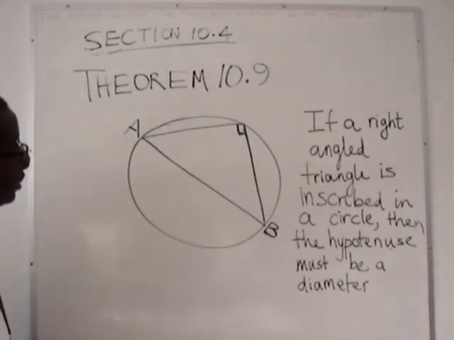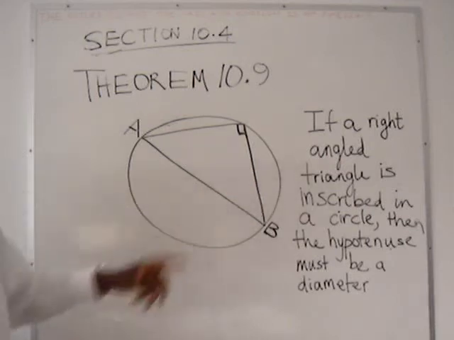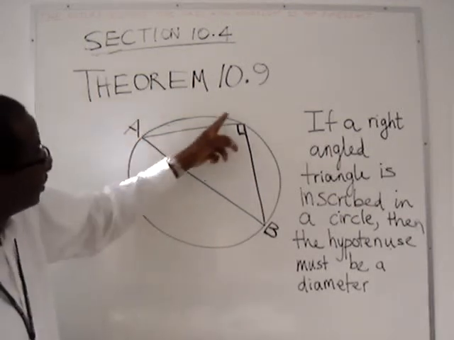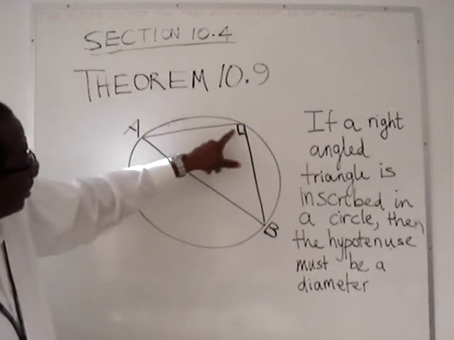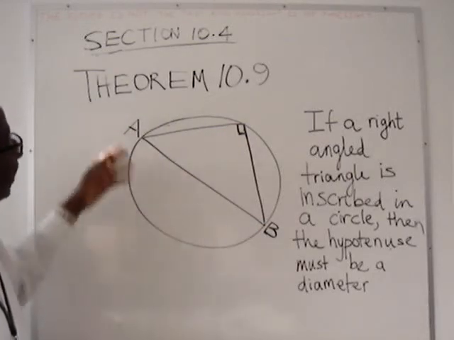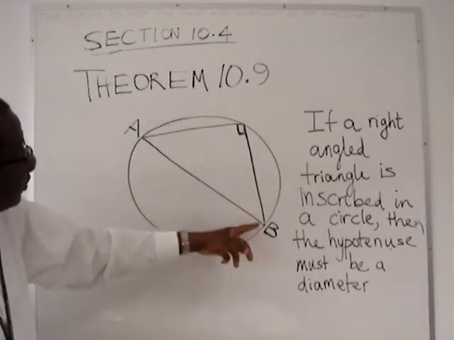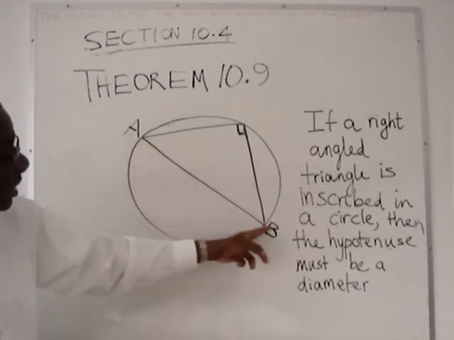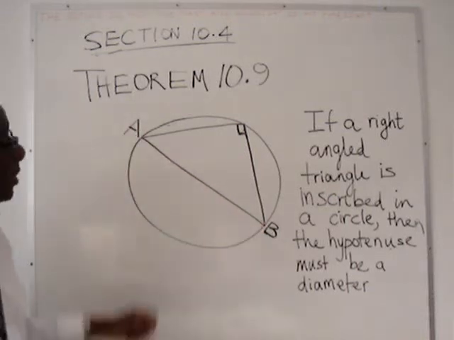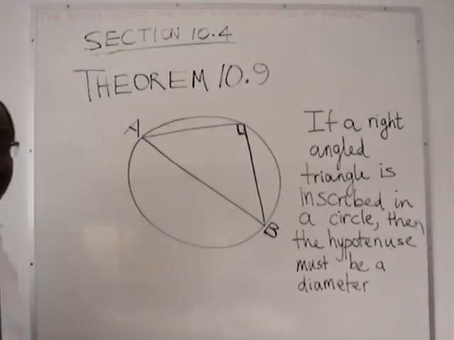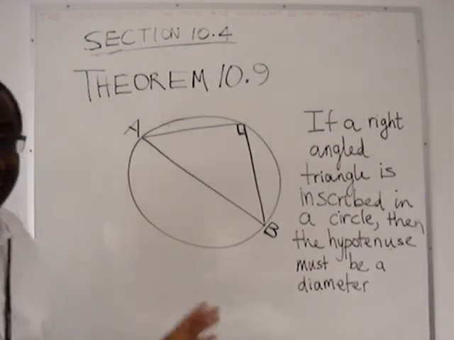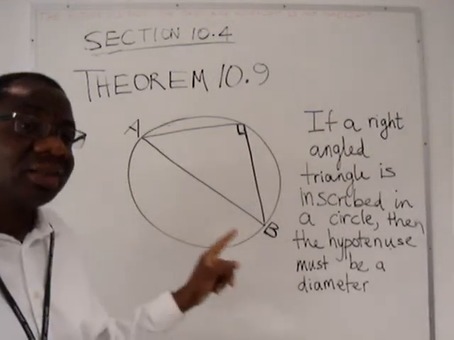What this theorem is saying is that if that's the right angle there, then the hypotenuse, which in this case is segment AB, must be the diameter of that circle. That's the theorem.